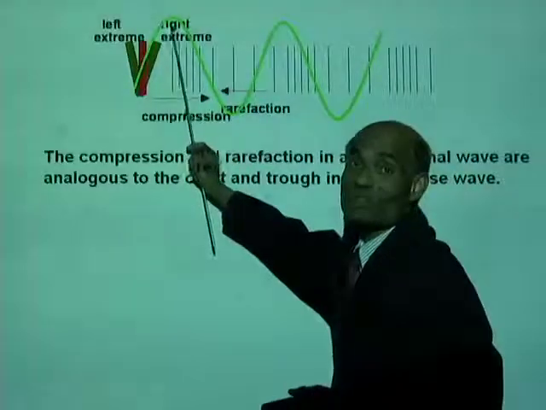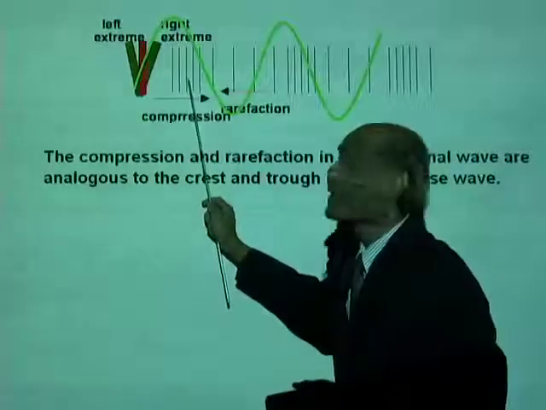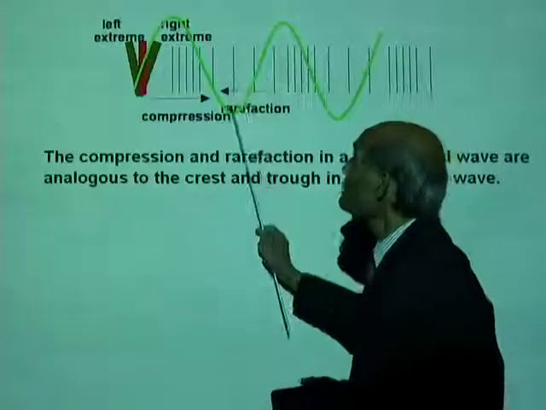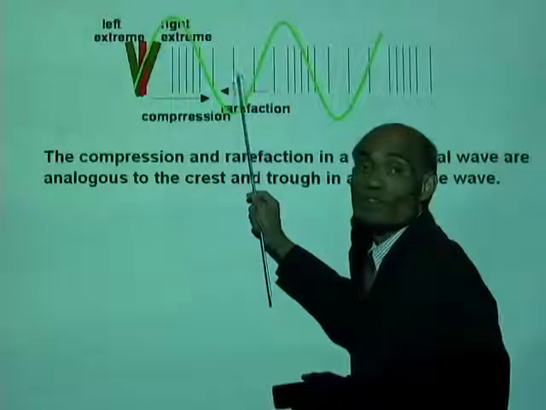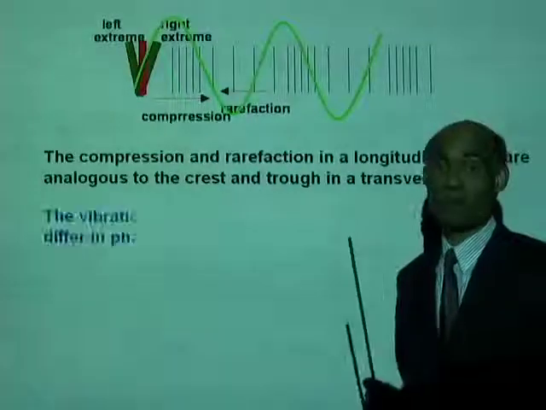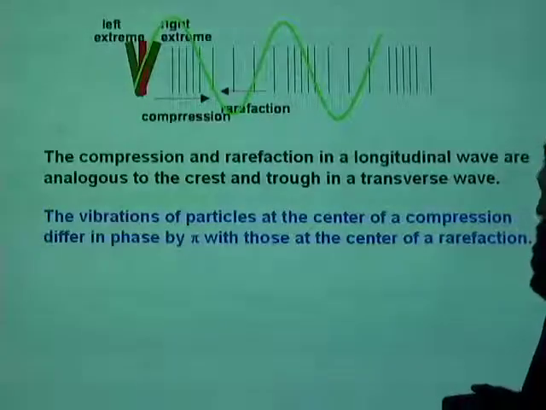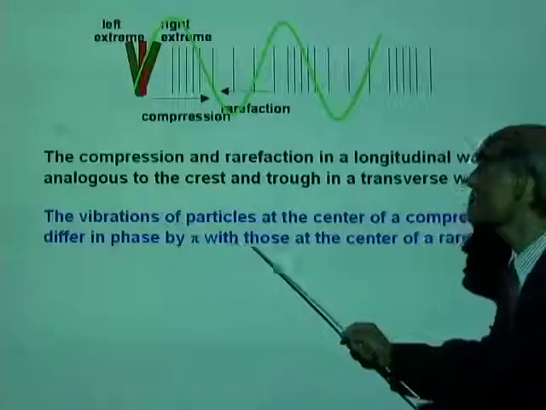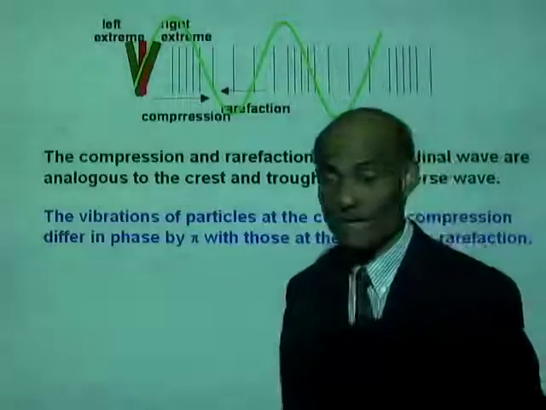The crest of the transverse wave corresponds to the compression of the longitudinal wave, and the trough of the transverse wave corresponds to the rarefaction of the sound wave. Okay. The vibrations of particles at the center of a compression differ in phase by pi with those at the center of a rarefaction.